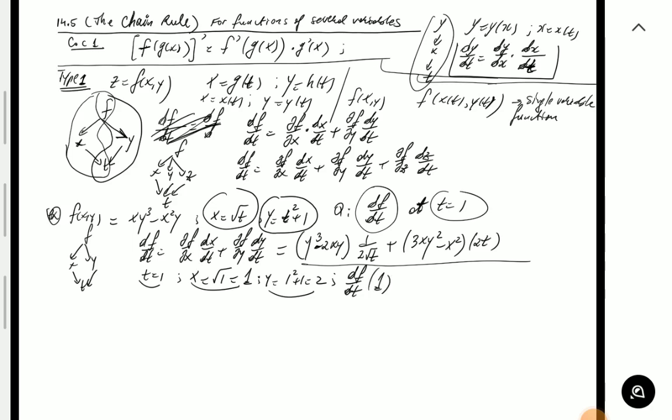So df dt at the point t equals 1 is going to be y cubed, which is 2 cubed, minus 2 times 1 times 2, times 1 over 2 square root of 1, plus 3 times 1, times y squared, which becomes again 2 squared, minus x squared, which is 1 squared, times 2t, which is 2 times 1.